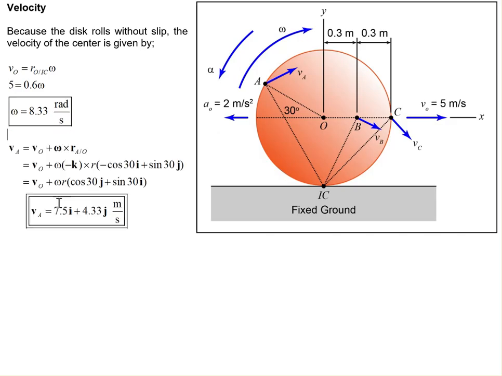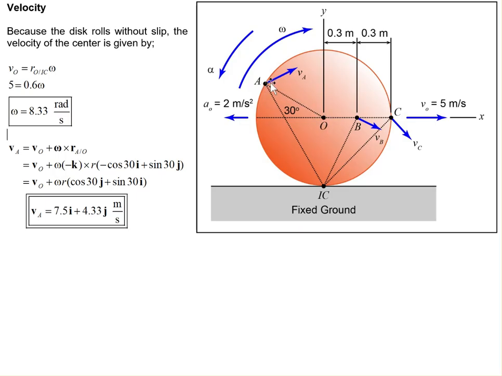All right, once we have omega, then we can go from any 2 points in the disk. So we're going to go from the known point O, the center of the disk, out to A. We could also go from IC to A, but that would be a little more complex as far as breaking down the radius.